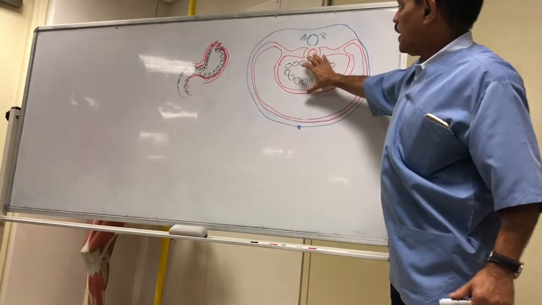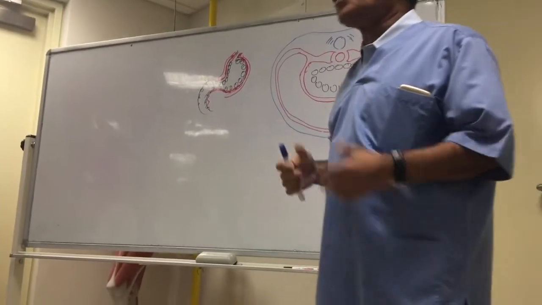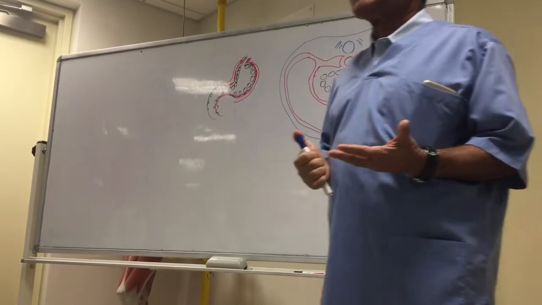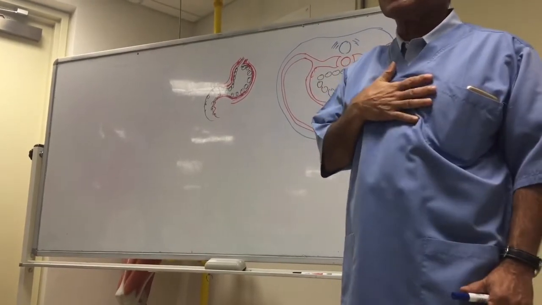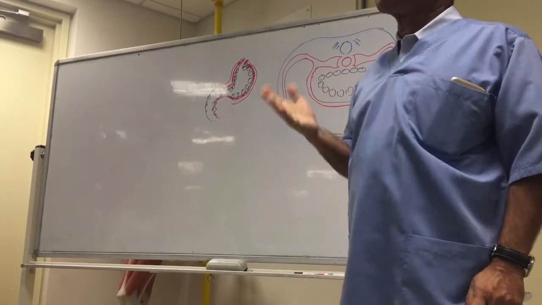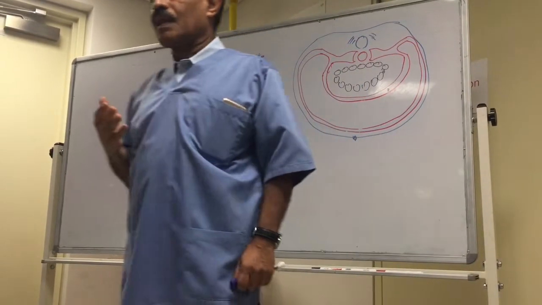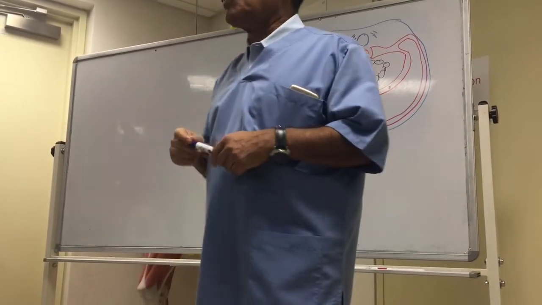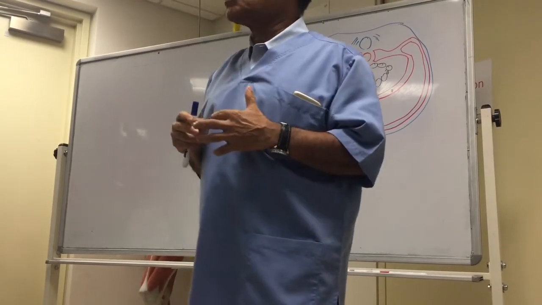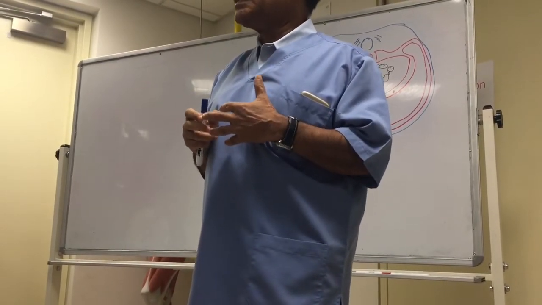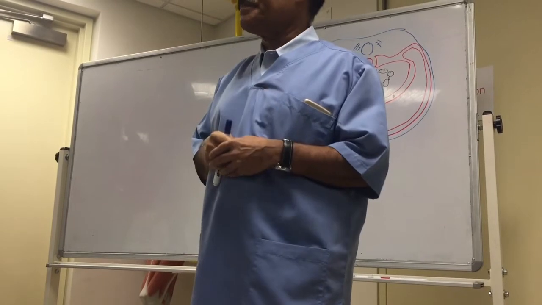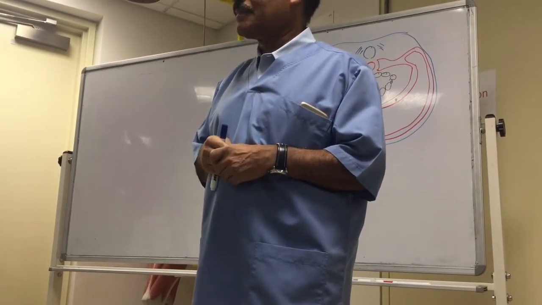So this is a hand over here on the stomach. I will not get any sensation. If I put my hand on the heart, I will not get any sensation. But these are all supplied by the autonomic nervous system. You are not believing me. So think about it, that you just came to me after eating cereal and milk at breakfast.